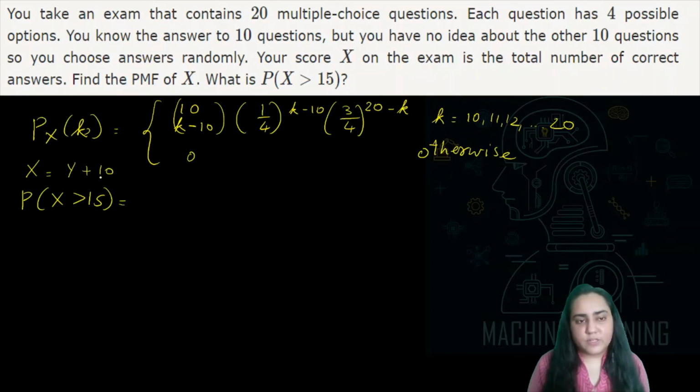When can x be 15? And when can x be greater than 15? If y is equal to 6, then this will be 16. If y is 7 or 8 or 9 or 10, for all these possibilities, your x can be greater than 15.